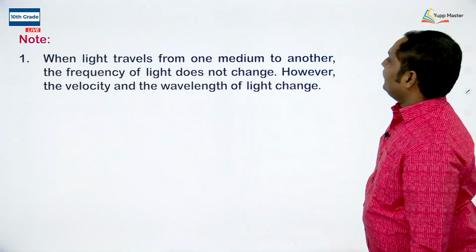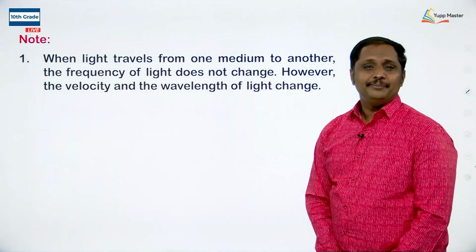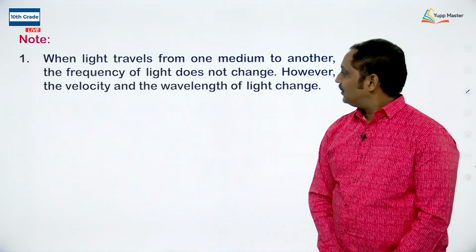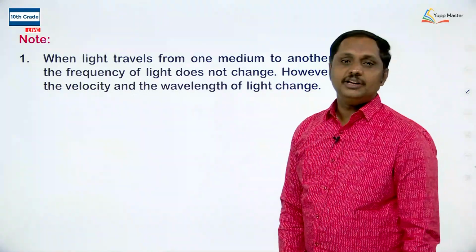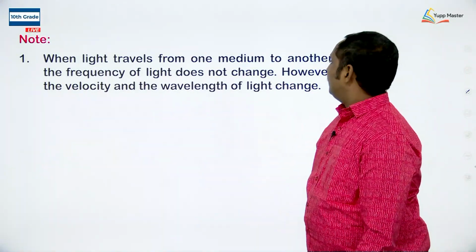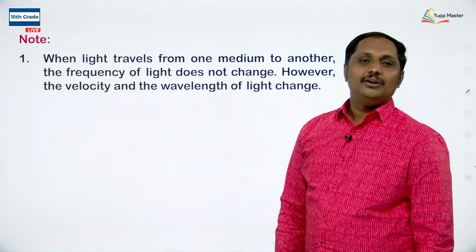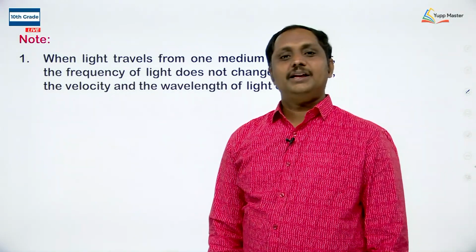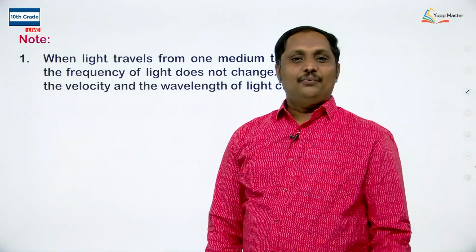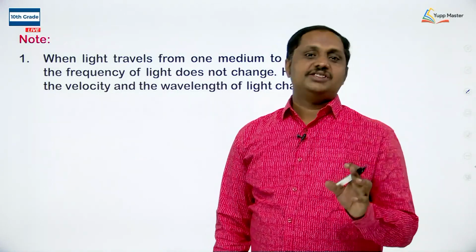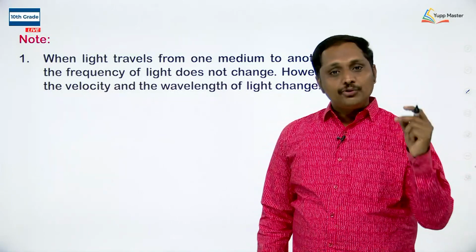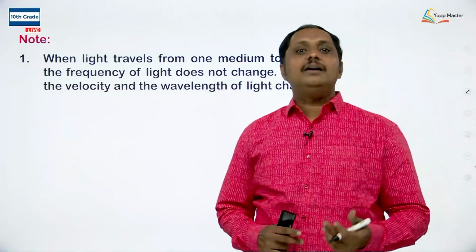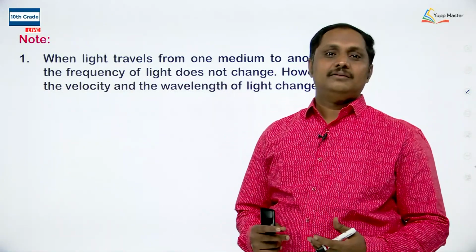When light travels from one medium to another medium, the frequency of light does not change, however, the velocity and wavelength of light change. We have discussed very clearly why the frequency is not going to change. It depends purely on the source of the light which generates the light rays.